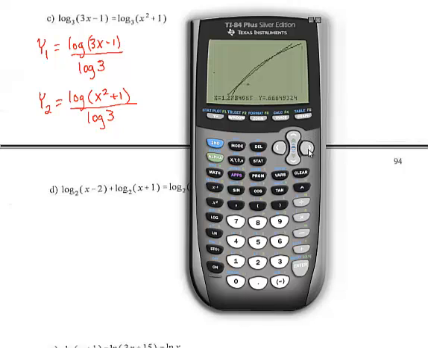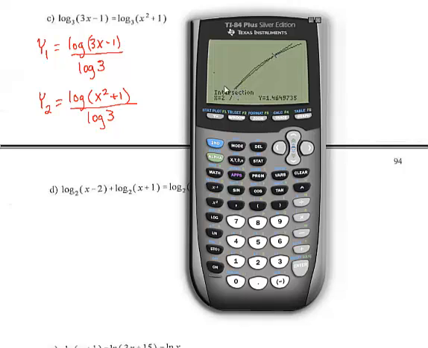And then if we go to the second one, we land somewhere around 2, which was our other solution. If we do second calculate intersect, enter, and we enter the first curve and the second curve and the third curve, it gives us x equal 2.